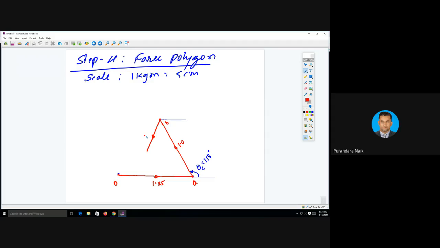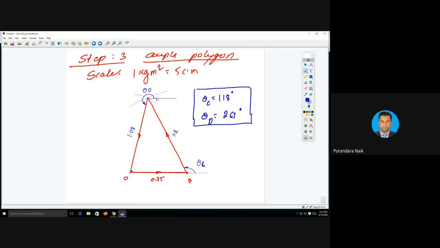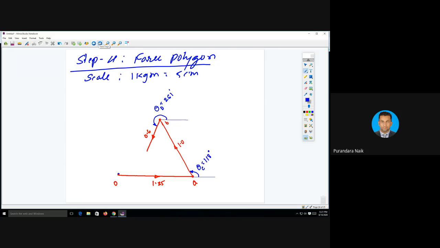3 centimeter means 0.6 kg meter. But the corresponding angle theta D is 261, taken because we got 261 in this couple polygon.